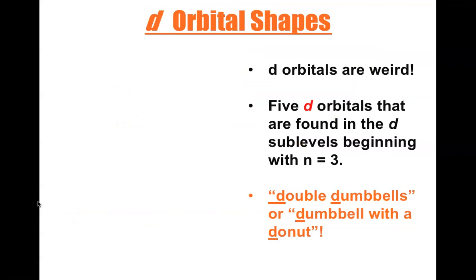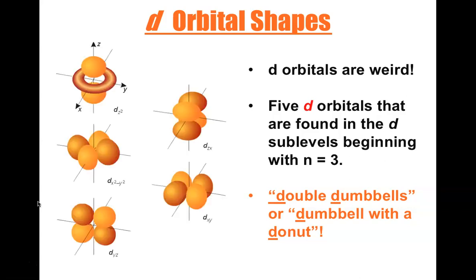Our d orbitals, these ones are, yes, weird. There's 5 of them. They only start at energy level 3. So in energy level 1 and energy level 2, there are no d orbitals. Interestingly, in energy level 1, there are no p orbitals. We'll get to that shortly. So the d ones look like this. Don't draw them.